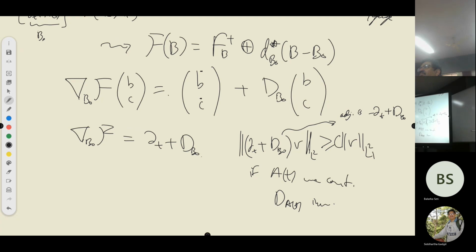And since you know it's already Fredholm, you can do some cut and paste arguments to tell you that in this case where B0 is only asymptotic to connections A plus or minus with D A plus or minus isomorphisms, then this is actually Fredholm.